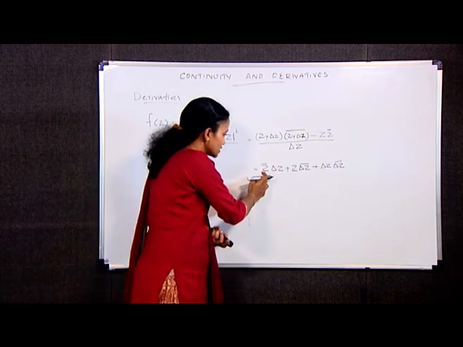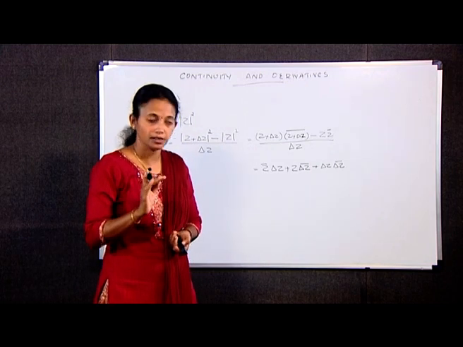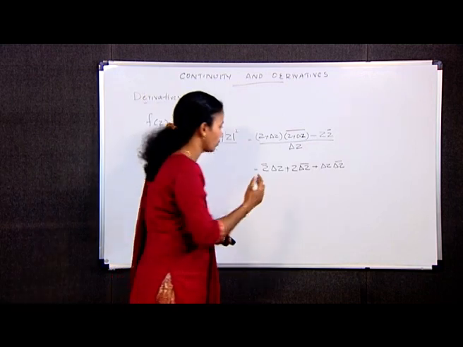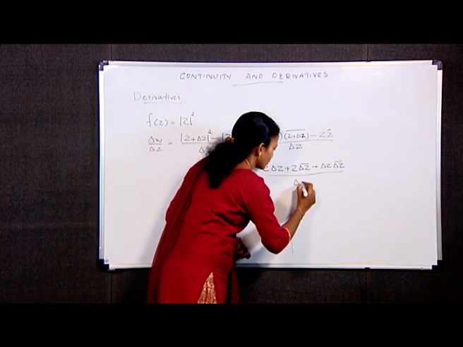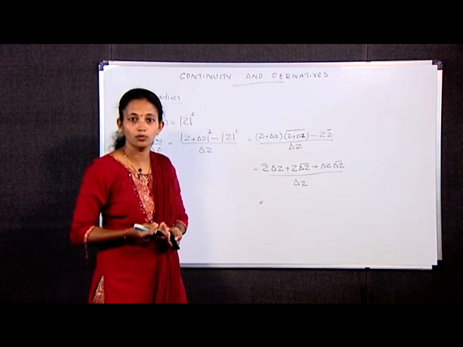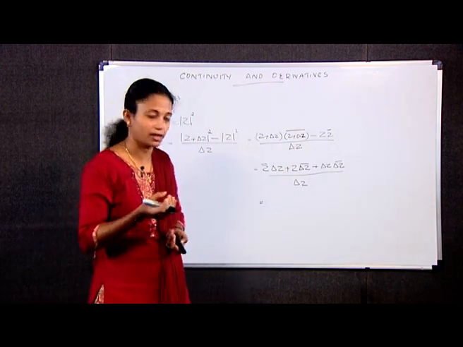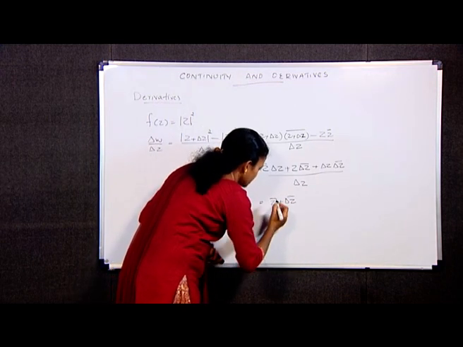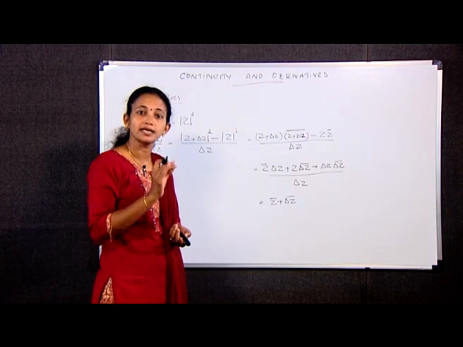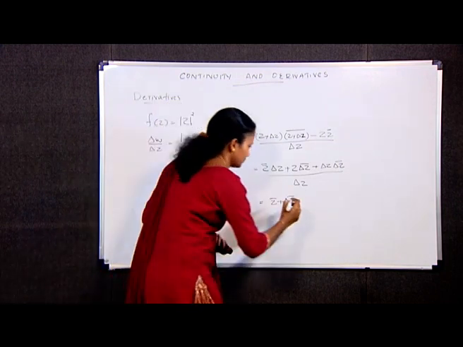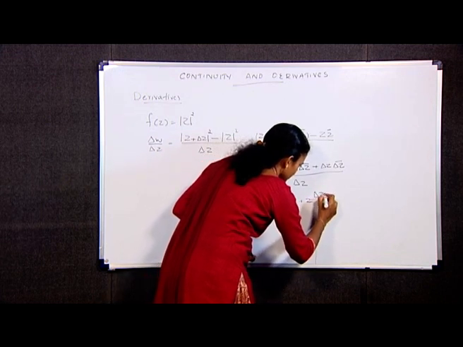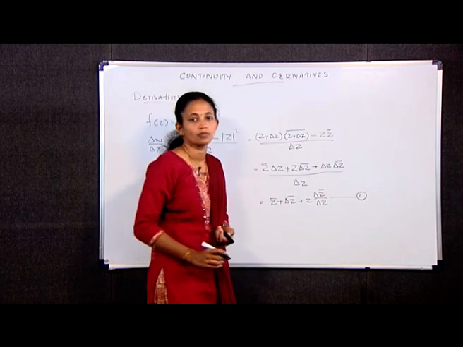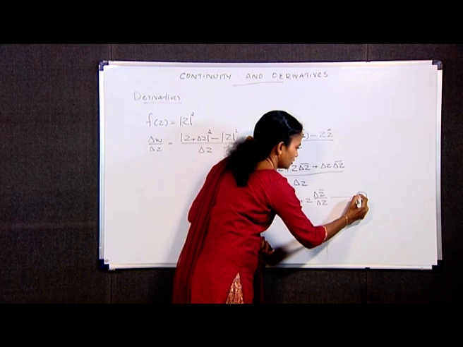So here we have z bar into delta z plus z delta z bar plus delta z into delta z bar, divided by delta z, which is again equal to z bar plus delta z bar plus z into delta z bar by delta z. This is equation number 1.